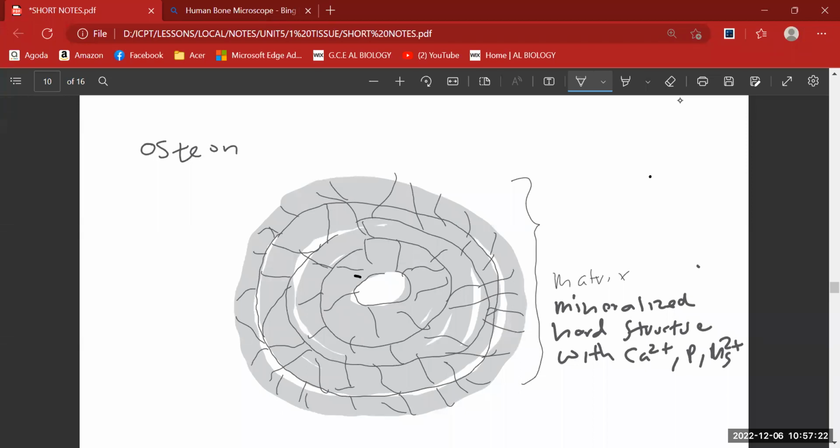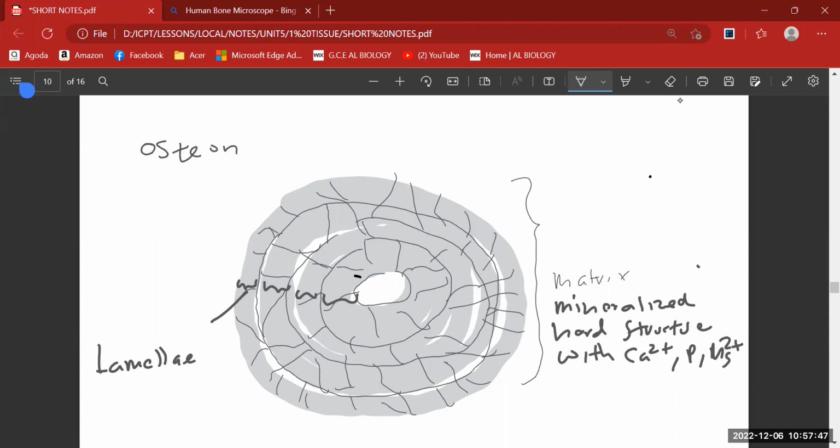So we can consider this one ring a lamella. Just one ring like this we can consider a lamella. There is another lamella, another lamella, another lamella like this. These rings are called lamellae.